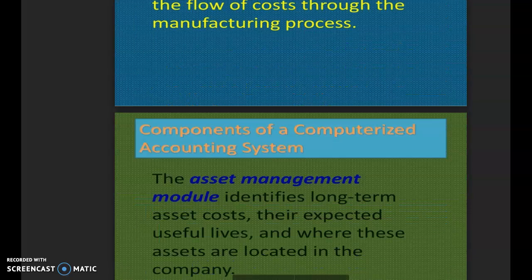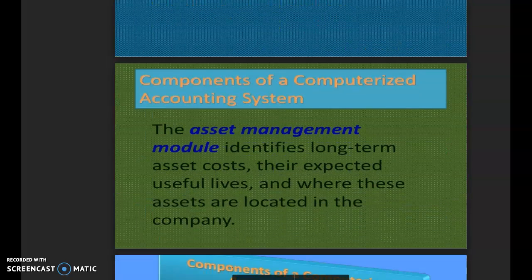Likewise, it also contributes to asset management. You all know that assets are broadly categorized into two segments, non-current or fixed assets and current assets.